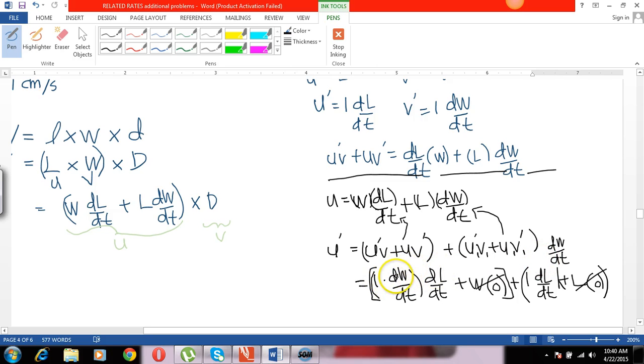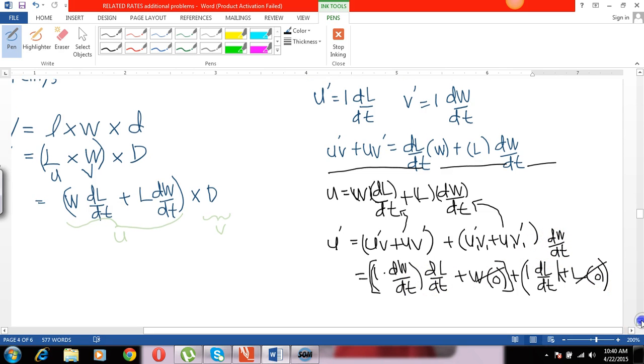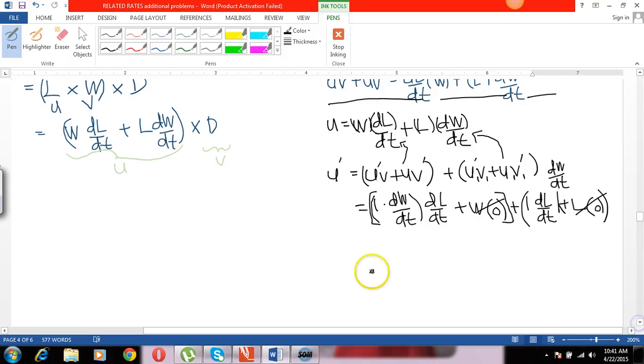This is 1 times dW over dt times dL over dt, plus 0. So this is the same as this: 1 times dL over dt times dW over dt. So these two are the same, then we get 2 dW over dt times dL over dt.